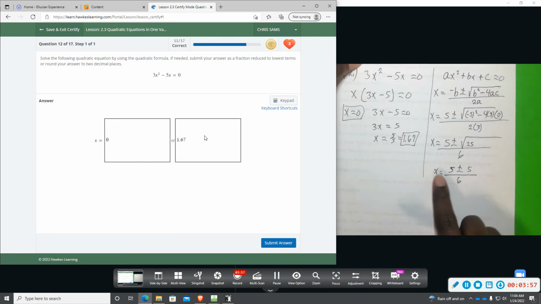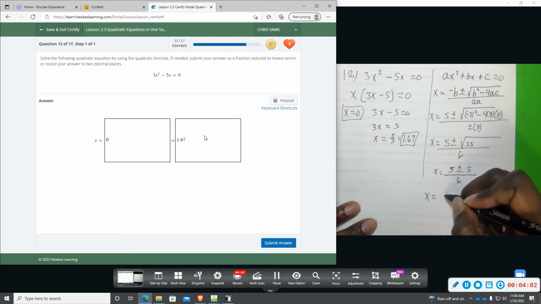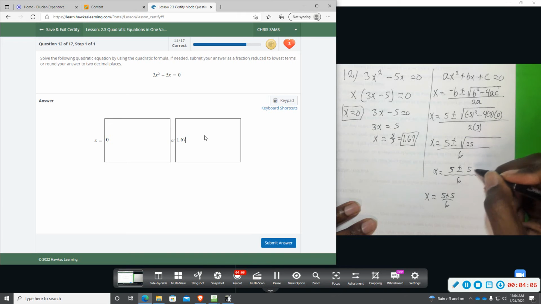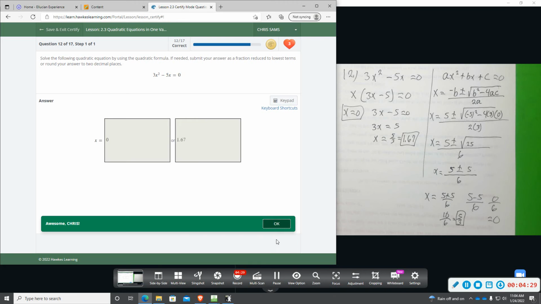So we got two scenarios: 5 plus 5 over 6, and 5 minus 5 over 6. This gives us 10 over 6, which reduces to 5 over 3, and then 0 over 6, which is equal to 0. So 0 and 5 over 3, or as a decimal, we get the same thing.